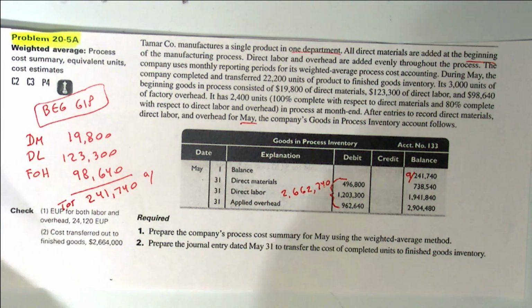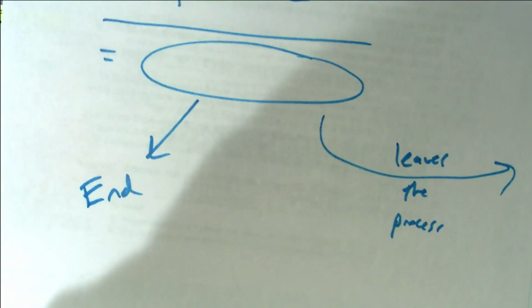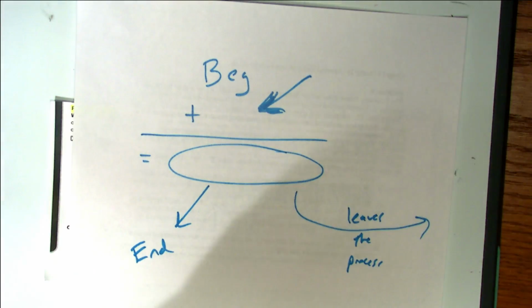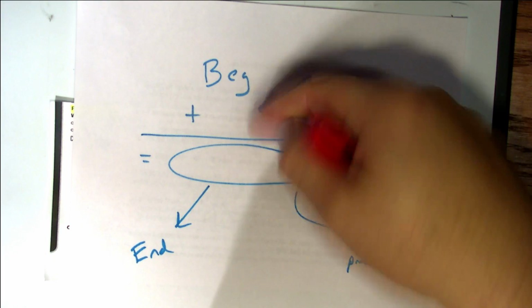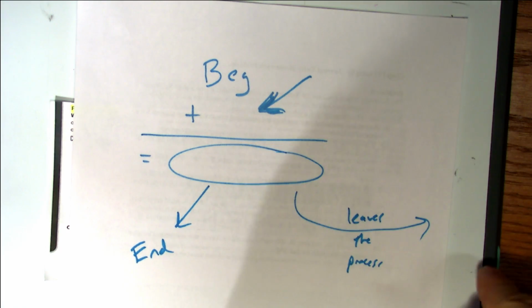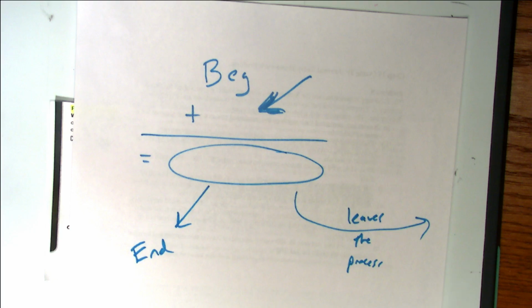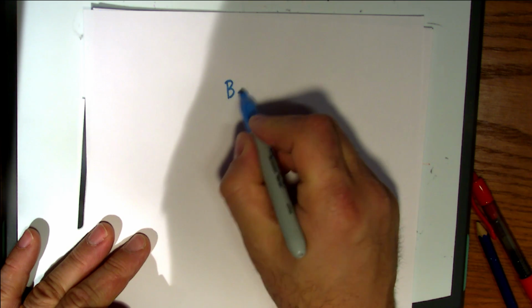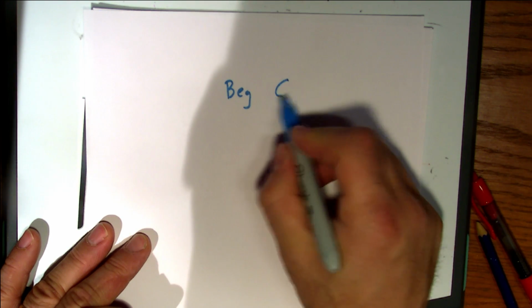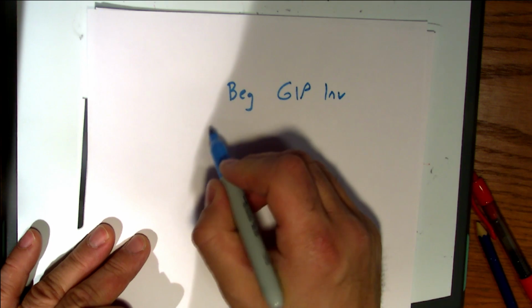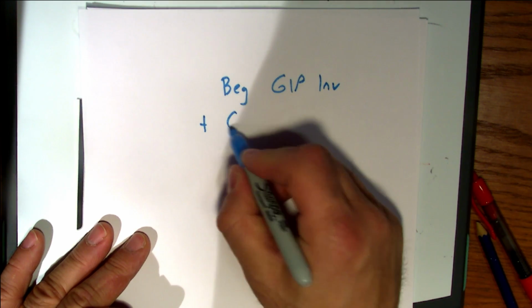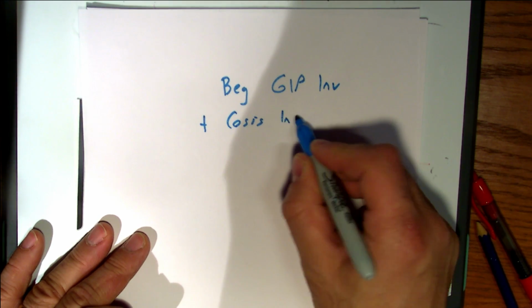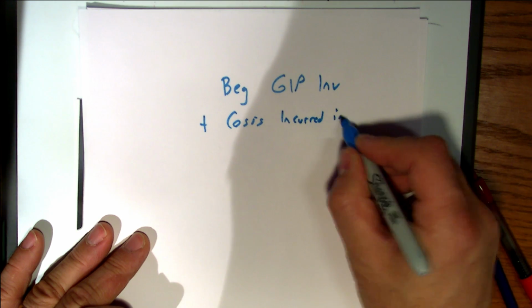Again, we're going to go back to this illustration, where we have the beginning of something plus what comes in equals a subtotal. Some of it goes out, and the remainder is ending inventory. In this case, we are talking about the beginning goods in process inventory plus, let's call it costs incurred in this period.